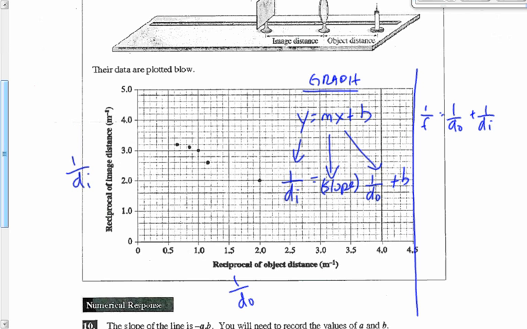So that means 1 over di is equal to 1 over f minus 1 over do. If I want to change it to the same order that's here, it's actually going to be negative 1 over do plus 1 over f. But that's not critical. It just helps me personally a little bit.